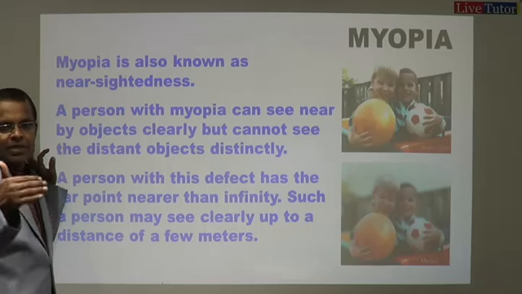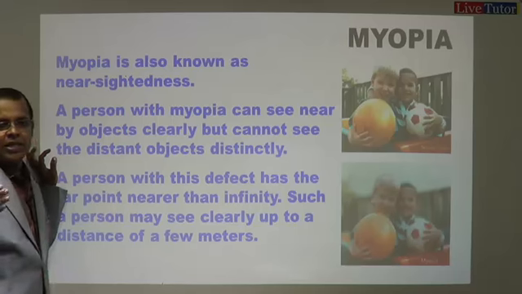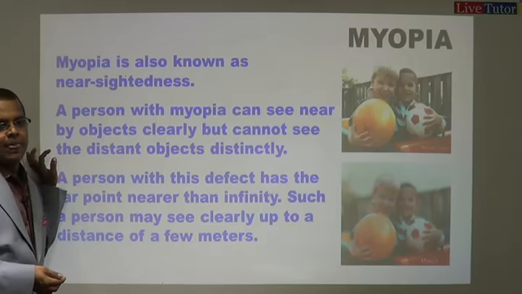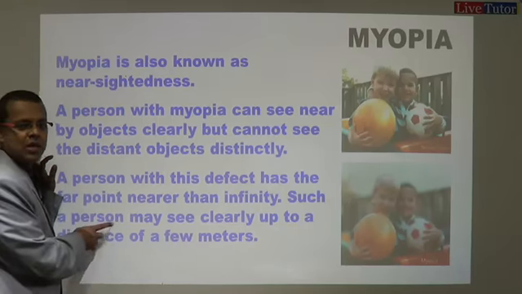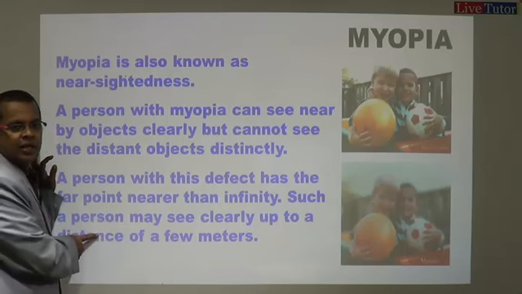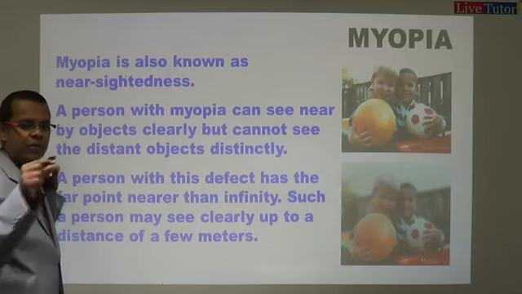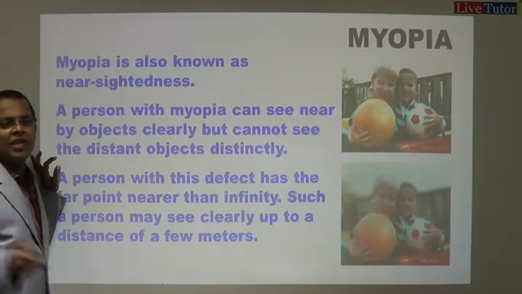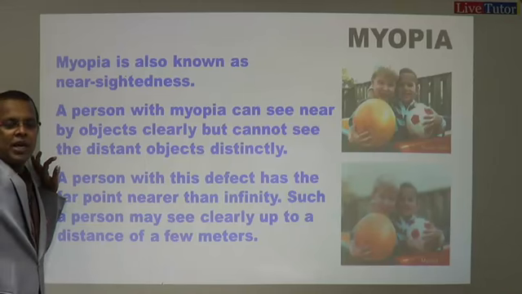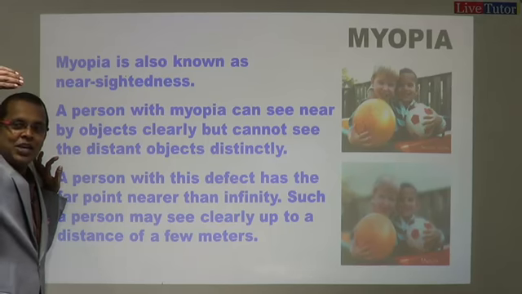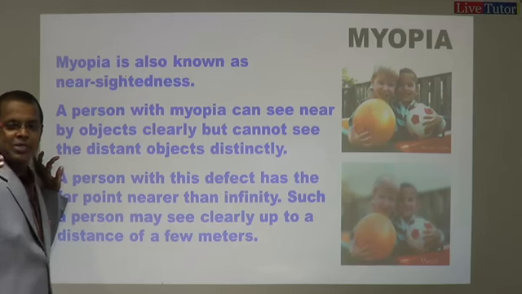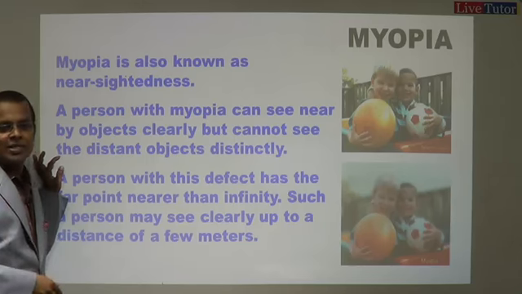So within this limit only a person can see things very clearly, distinctly, isn't it? So for a person who has got myopia, what happens? The far point is somewhat nearer than infinity. That means it should be infinity, but it is a little bit before that. That is what it means.